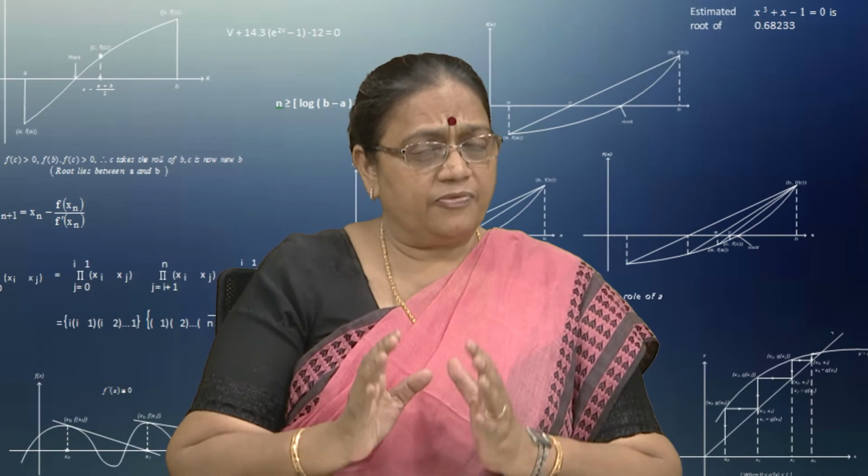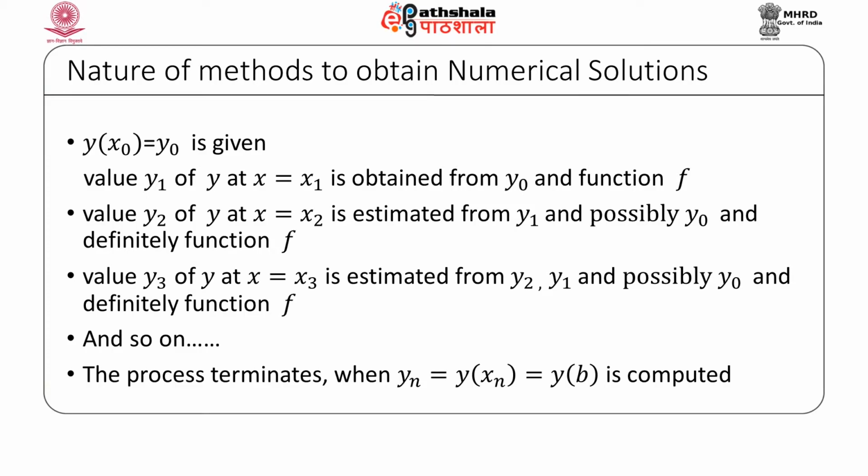So, this is how we proceed to solve the differential equation. And what is the behavior of the formulas? How do we solve it? We are given at the initial point x0, that is a, the value of y at x0 is y0. How do we get the value at the point x equal to x1, that is x0 plus h? We will call the value of y at the point x1, for simplification, y1. So, y1 will be obtained from the value of y at x equal to x0, in terms of the function value, because dy by dx is f(x, y).